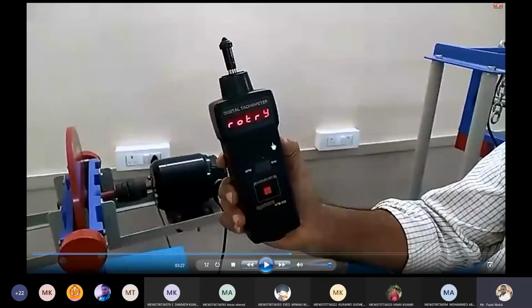This is a tachometer, a contact type of tachometer. After the setup reaches a stable condition, we have to take the speed reading through this tachometer.